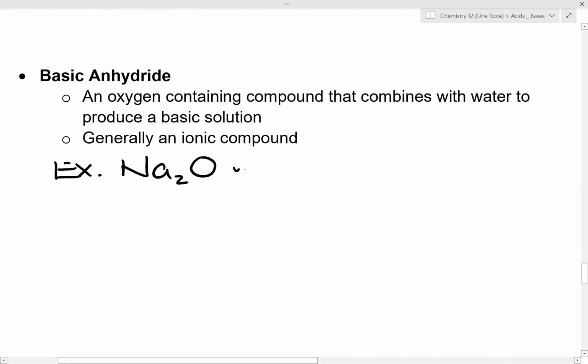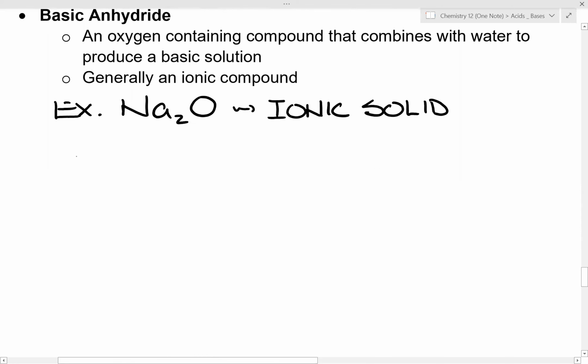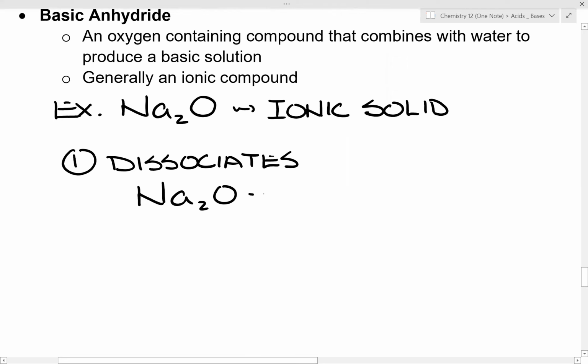In this case, sodium oxide is an ionic solid. So the first step for an ionic solid is that it dissociates. The Na2O breaks apart into 2 Na plus and O minus 2.